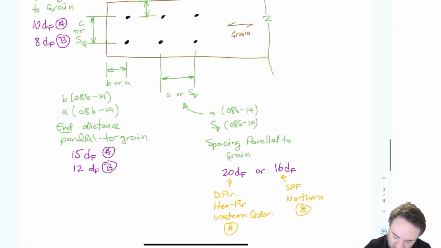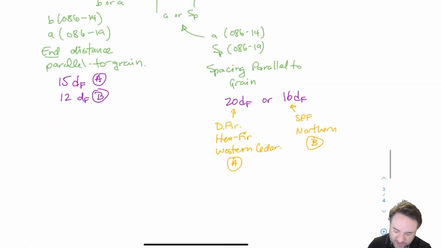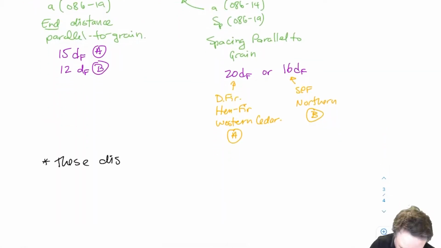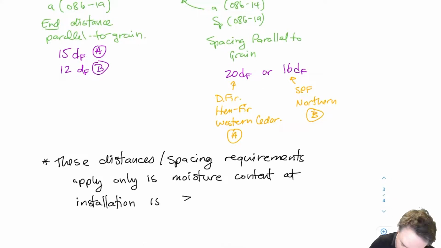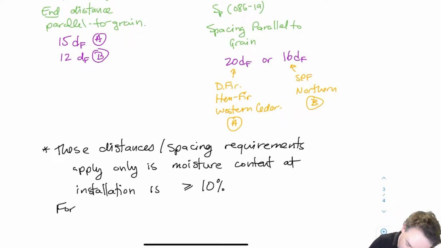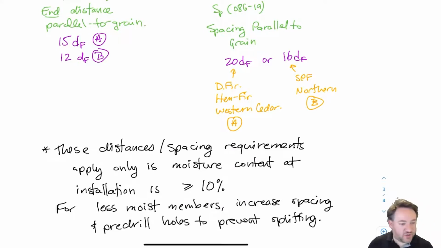But there is one more thing, which is that all of these presuppose a certain moisture content. As I mentioned before, a stiffer member has a more stringent spacing requirement, just like here, Doug Fir had a more stringent spacing requirement than the less stiff SPF.